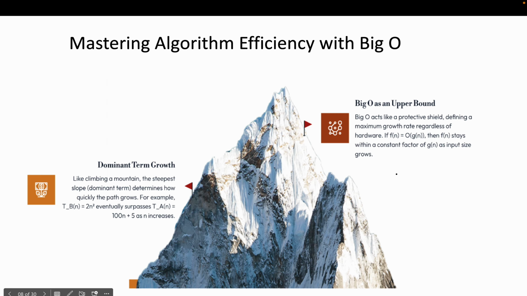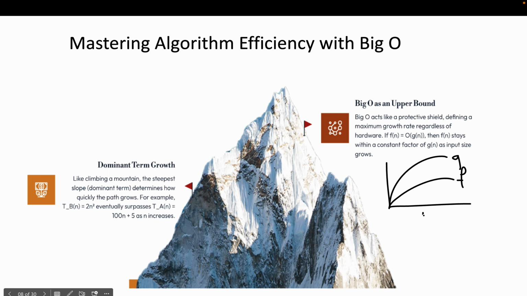It says that f(n) equals O(g(n)), which means that f(n) always stays behind g(n). If we have the diagram of f and g, it's like this: it will be g, for example, and it will be f.